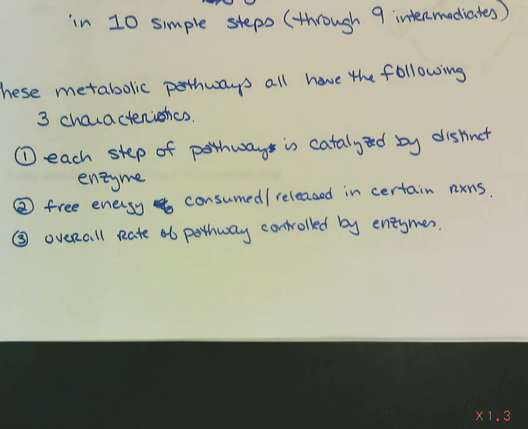Then the overall rate of the pathway, how quickly we start with glucose and end with pyruvate, will be controlled by enzymes for a variety of reasons, mostly dealing with inhibitors. Some are self-inhibited, some have other intermediates inhibit them, and then some are activated by energy released farther down the pathway. So there'll be different mechanisms the enzymes use to go or stop.